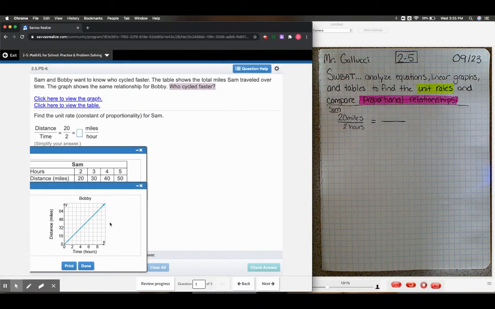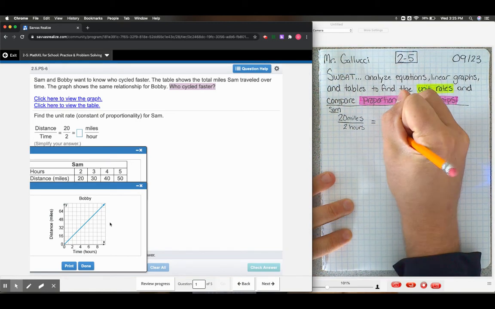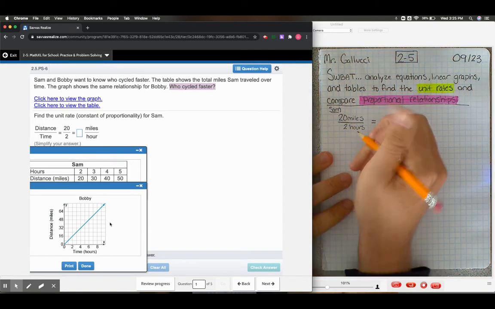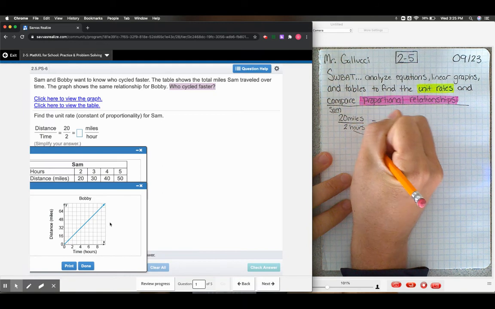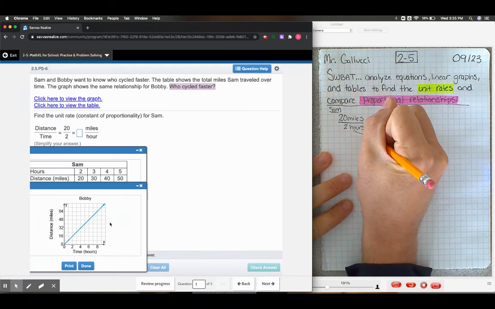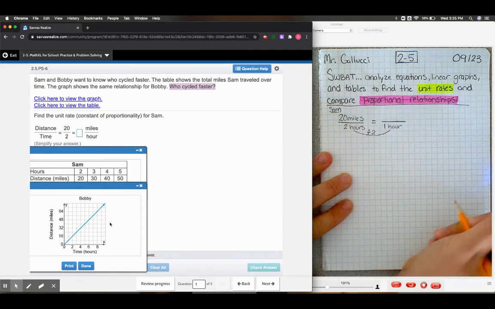So when I'm trying to apply that here for Sam, I'm going to say we need a 1 here, 1 hour. And hopefully this is drawing visions of Miss Ferranti or Mr. DeFranzo. You would say, well, how do I get from 2 to 1? One way is thinking of this from this to this as dividing by 2.